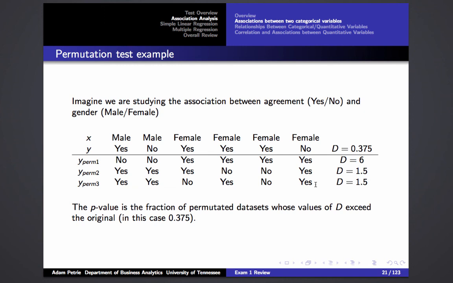So by doing this permutation test, we're able to figure out what values of d occurred just by chance. And the p-value of the original discrepancy, the one you measured from the data, is just the fraction of permuted data sets whose value of d is at least as big as the original value measured. So basically the fraction of your permuted data sets whose value of d is 0.375 or bigger. Okay, and that's how we get that p-value out.